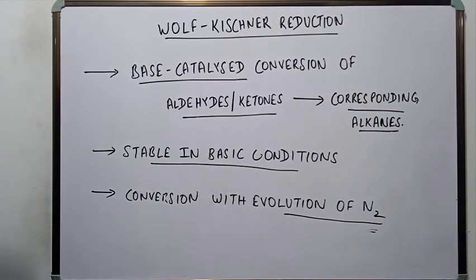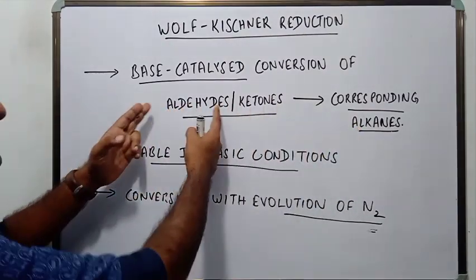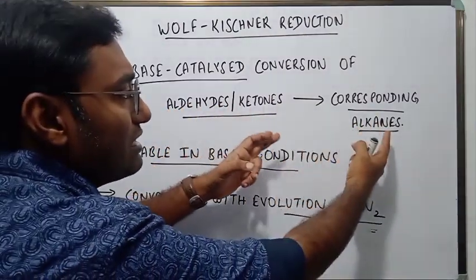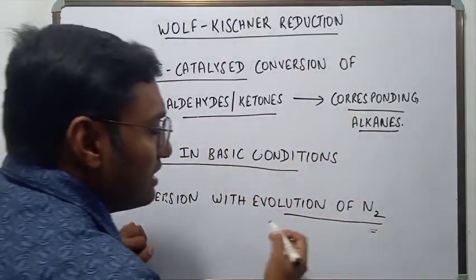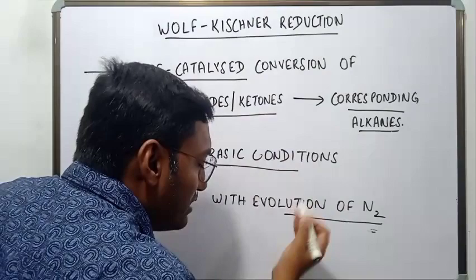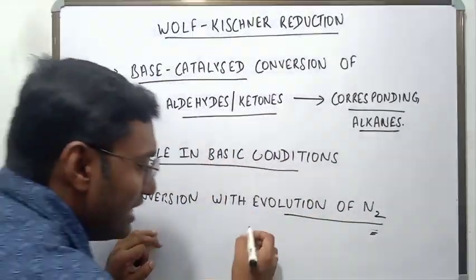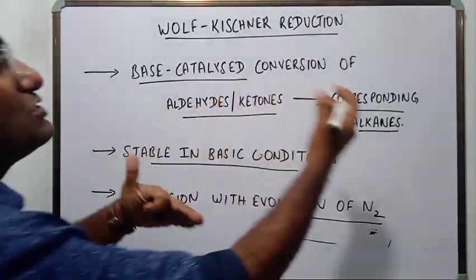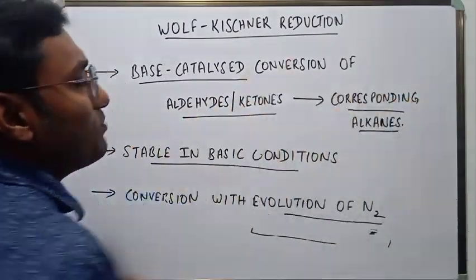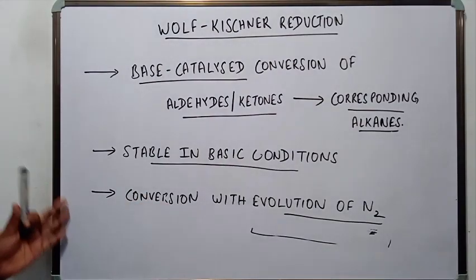The third important thing is that as this conversion of aldehyde or ketone into alkane takes place, it occurs at the expense of nitrogen gas. That is, evolution of nitrogen gas takes place simultaneously with the conversion of aldehyde and ketone to the corresponding alkane. I hope these three points are very clear to you.